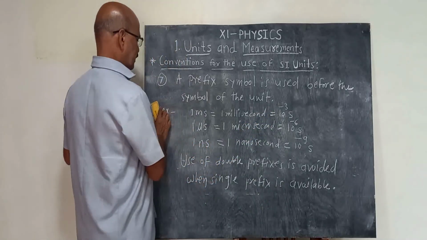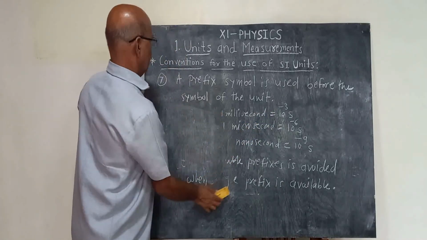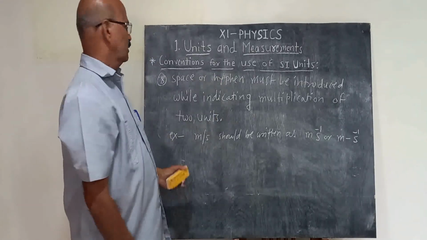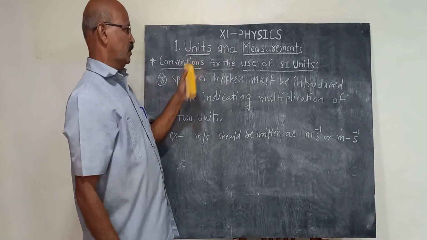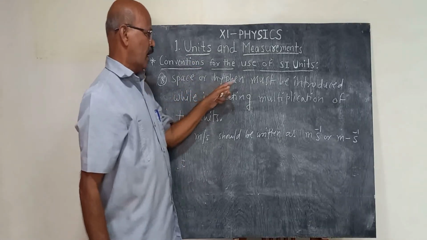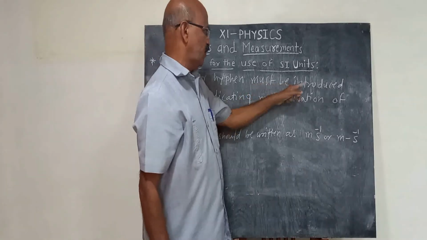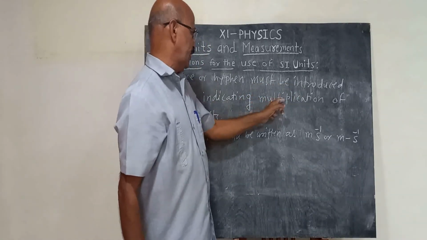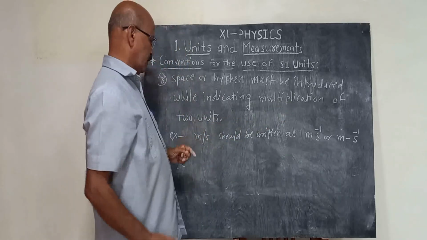Then the eighth convention for the use of SI units is that a space or hyphen must be introduced while indicating the multiplication of two units.